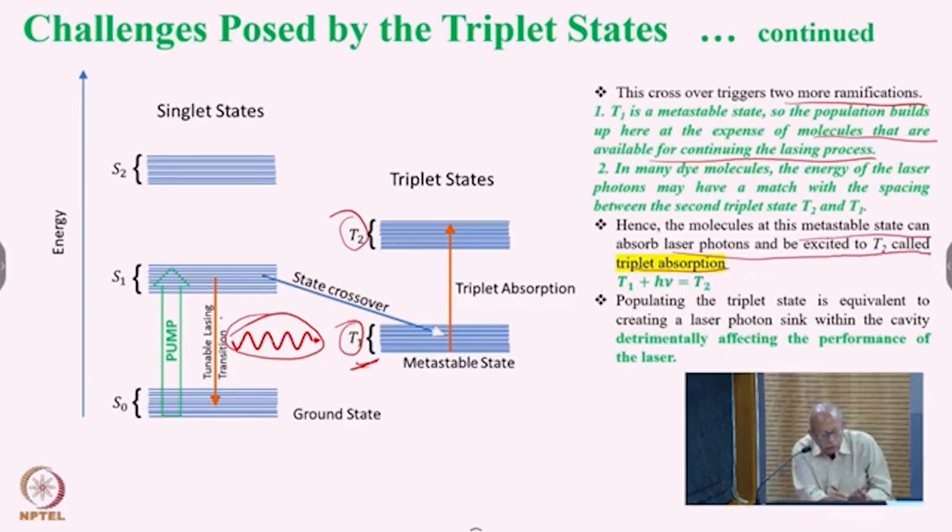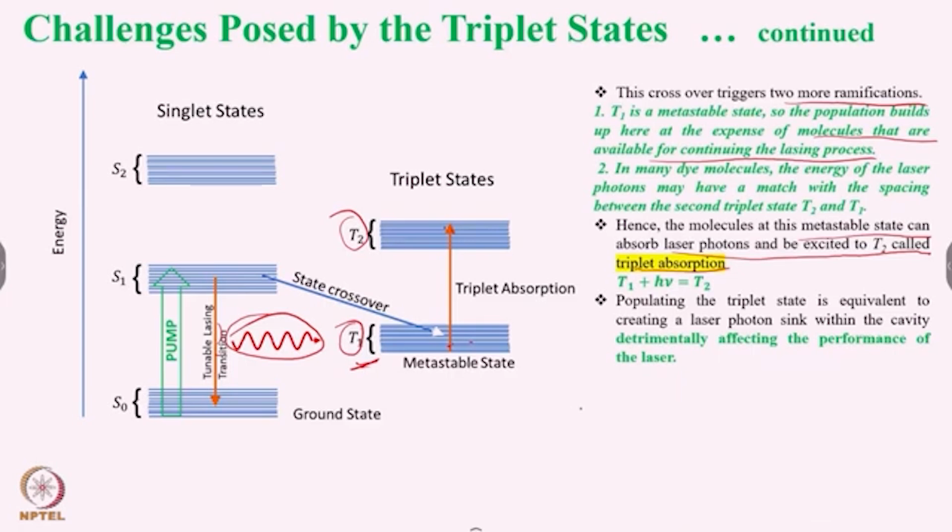Basically the laser photon's energy matches this energy difference, and therefore the molecule which has come here can very well absorb this photon and climb up to the second excited triplet state.